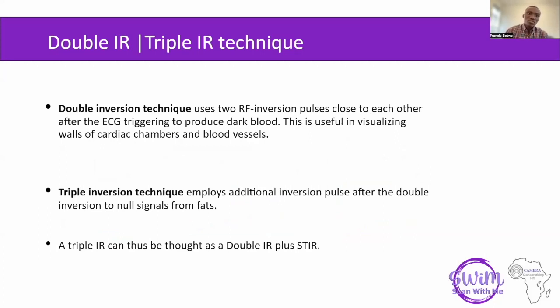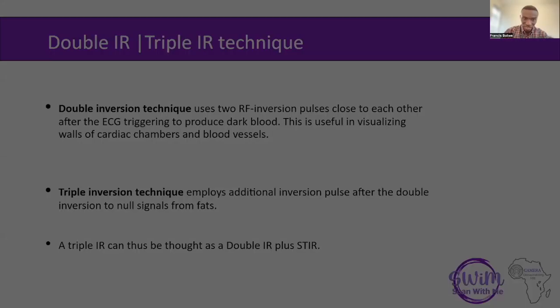The double inversion technique uses 2 RF inversion pulses close to each other after the ECG triggering to produce dark blood. So we are going to use 2 RF inversion pulses.